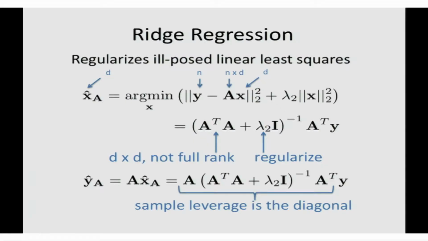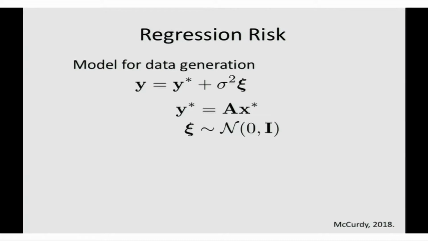And so ridge regression is nice because there is an explicit solution for the answer. In the ridge regression problems that I'll be talking about, we're going to choose the same regularization that we have chosen for our features for our deterministic column subset selection algorithm. When we look at this problem, what we'd like to analyze is the regression risk.